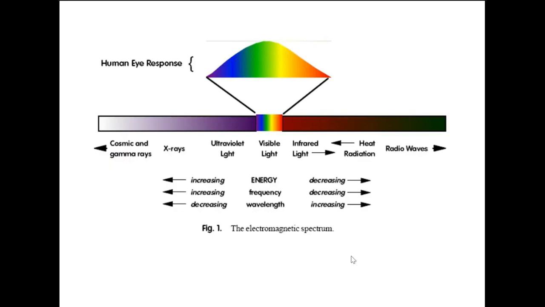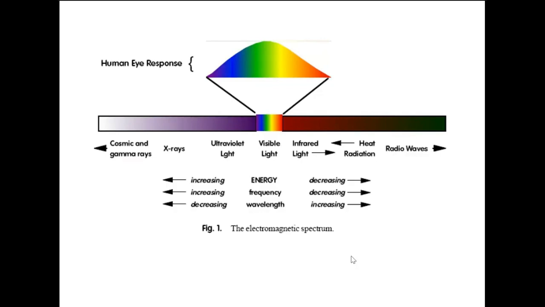Within the electromagnetic spectrum, there is a narrow region which is considered very, very important for biologists. That narrow region is called the visible region of the electromagnetic spectrum, which merits attention by biologists in general.